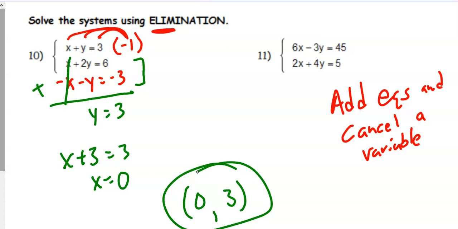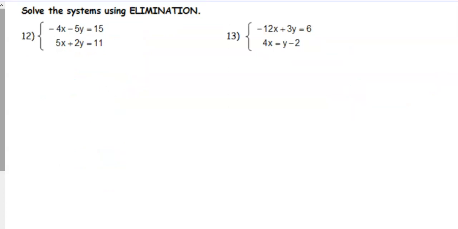Let's try another elimination problem. Let's do 13. Okay. Notice it's not set up in the same form as the previous problem we did, or even 12. X's are lined up, Y's are lined up, equals are lined up, constants are lined up. We need it to be in this format first.